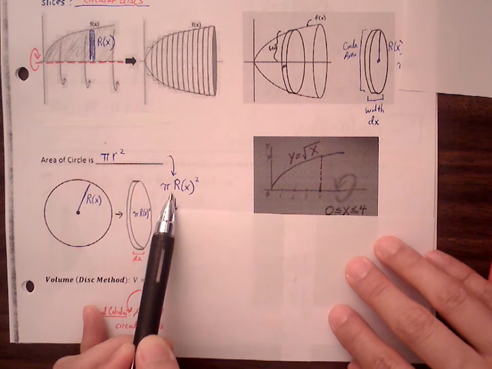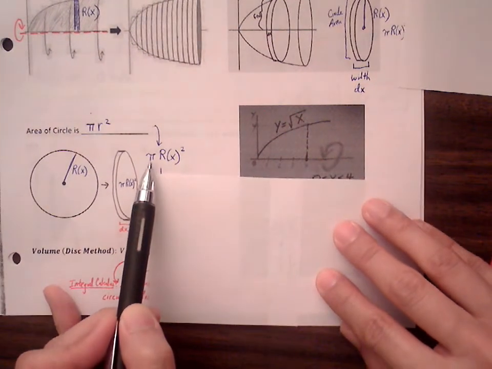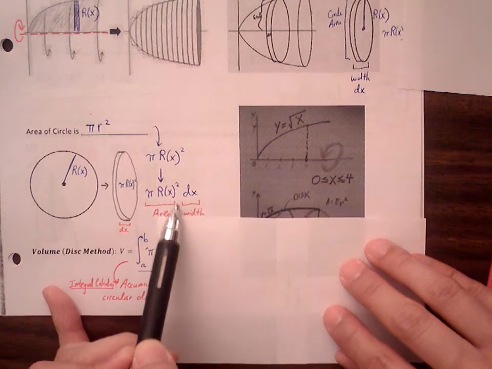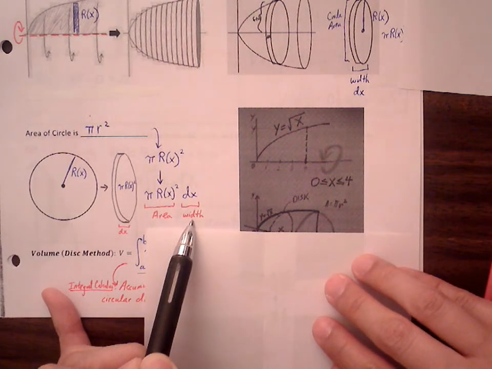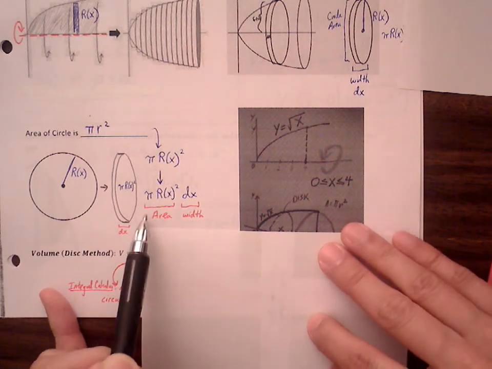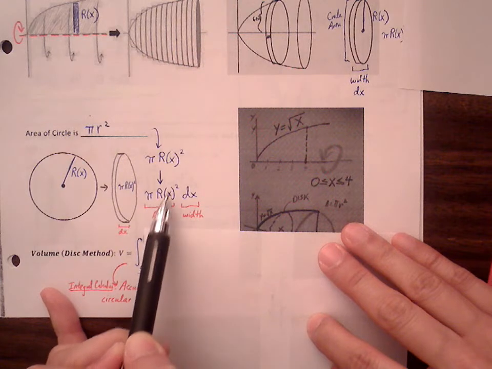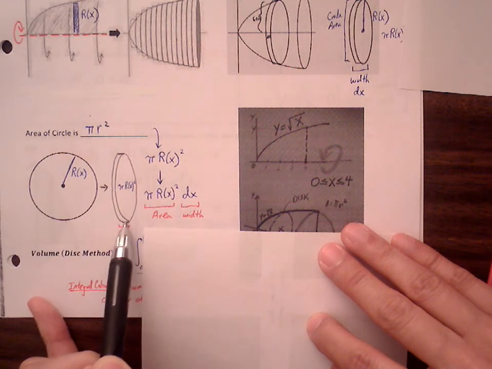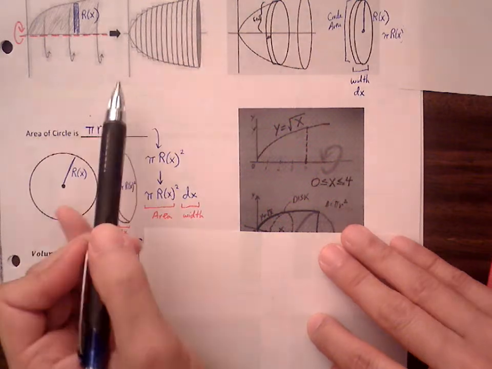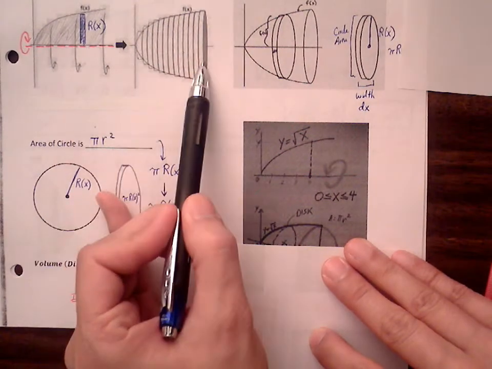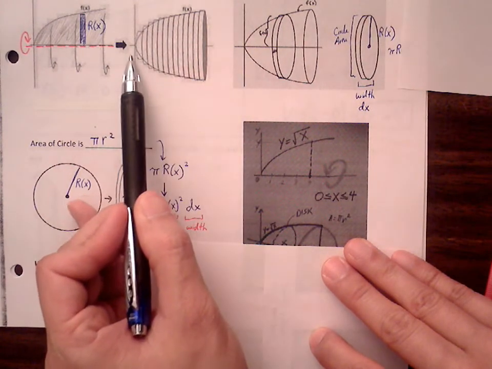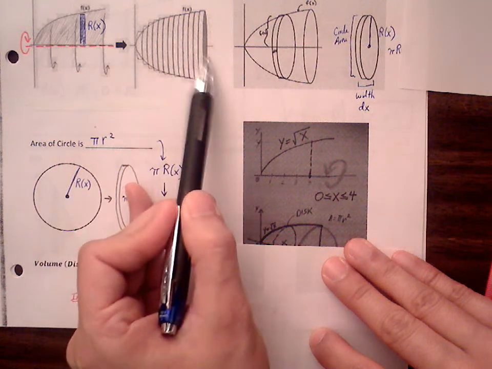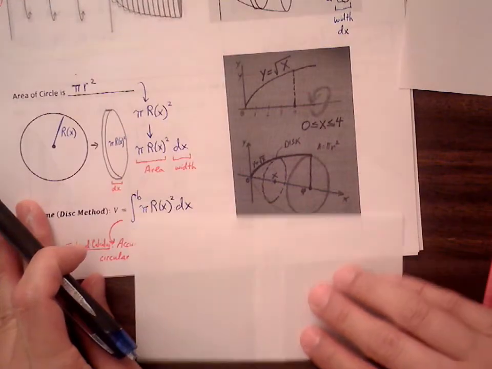So we have a two-dimensional calculation that we're going to give that third dimension, and that dx will give it that third dimension. So now this pi big R squared dx will give us the volume of one of these thinly sliced circular disks. And now if we want to achieve the full volume from one end to the next, where we're going to stack these circular disks from one end to the next, we're going to be introducing that integral notation.